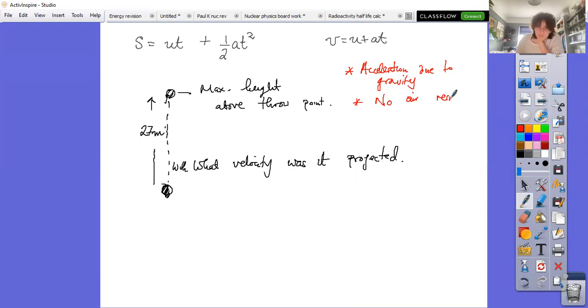Any other assumptions? Another assumption is that we're dealing with a point mass, or a particle. We'll model objects or bodies as point masses or particles. A point mass essentially doesn't have volume.